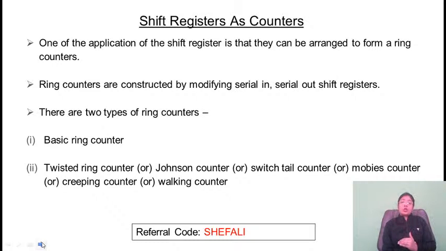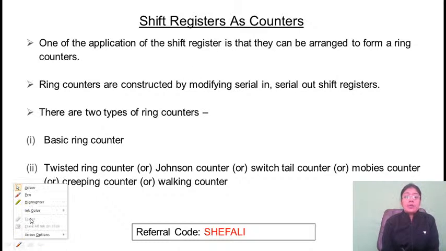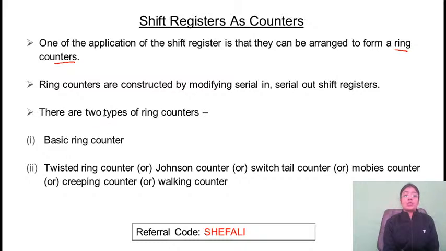So in this particular case, serial in, serial out registers are modified and used as the counters. Ring counters are nothing but special types of synchronous counters. Ring counters are constructed by modifying the serial in, serial out shift registers.